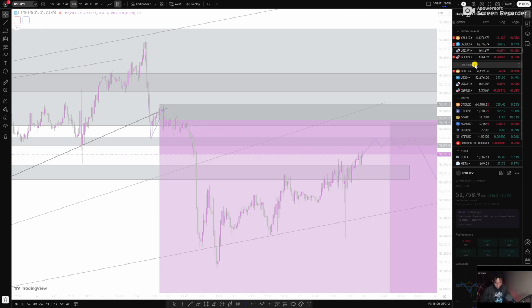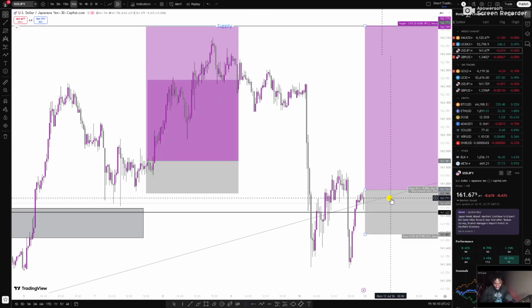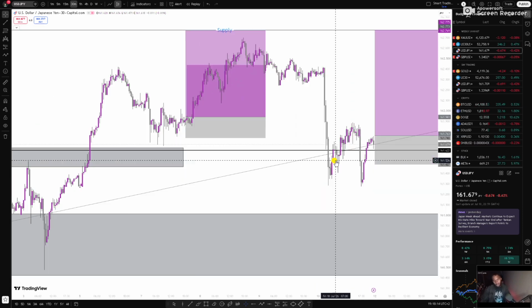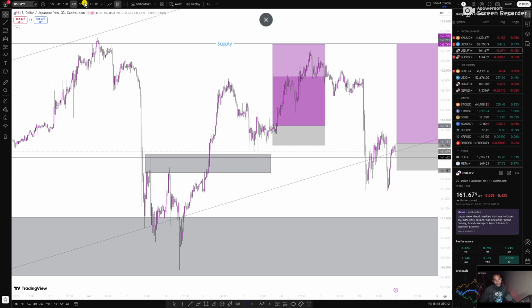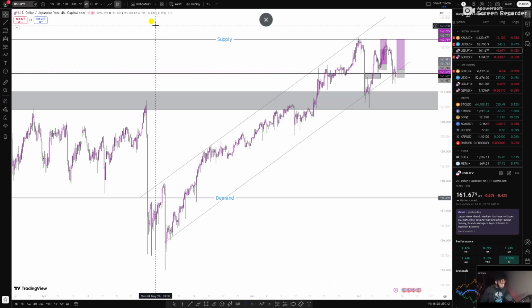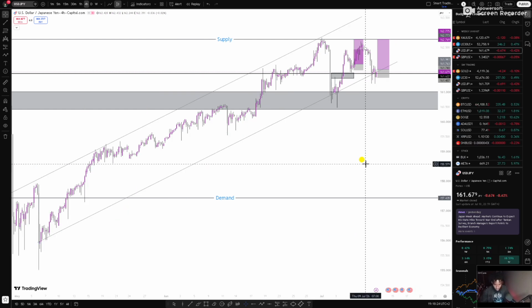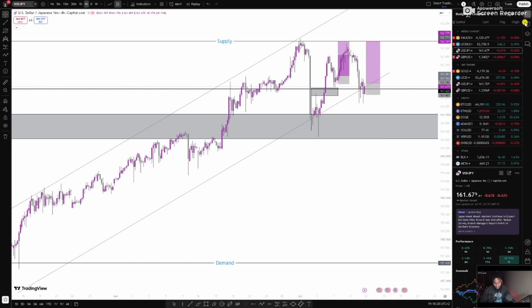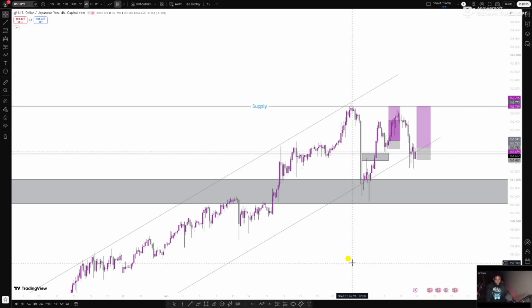Now going on USD JPY. I think I already did the analysis on USD JPY. I'm not sure, but maybe I might start afresh. Can you guys see what's happening on the screen? This is USD JPY. Do you think I have to analyze?